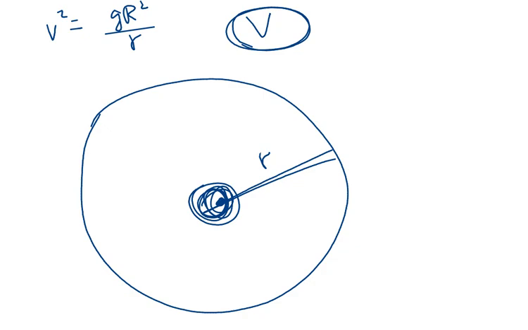So the way you would launch that satellite into orbit is you would place it into a rocket, and you would shoot that rocket out to the correct radius. It must be exact. You must shoot it out to that exact radius. And then you would release that satellite. That satellite would have its own engines. You would fire up those engines, and you must make sure that you fire those engines in such a way that the satellite shoots off in the direction that's perpendicular to that radial direction.